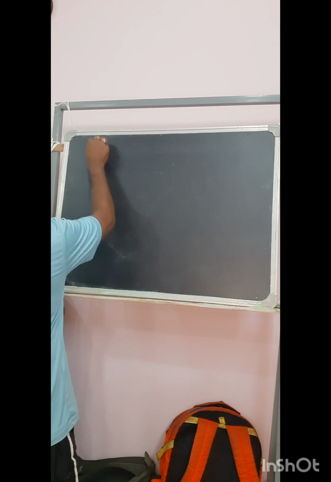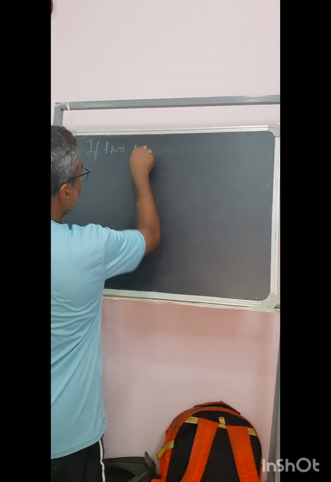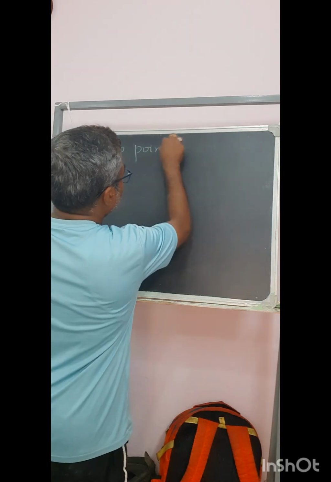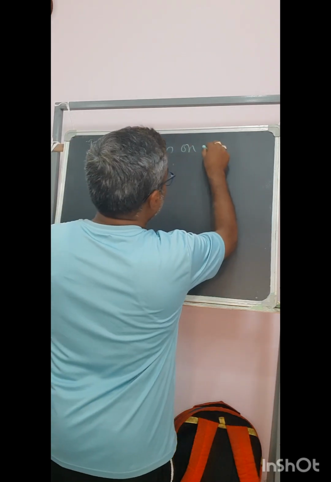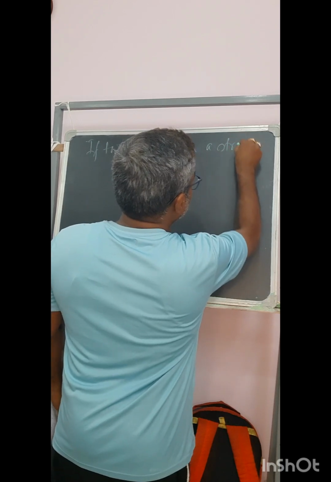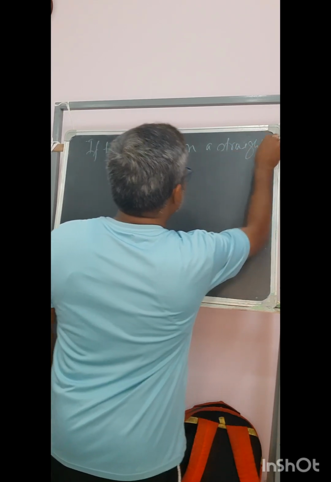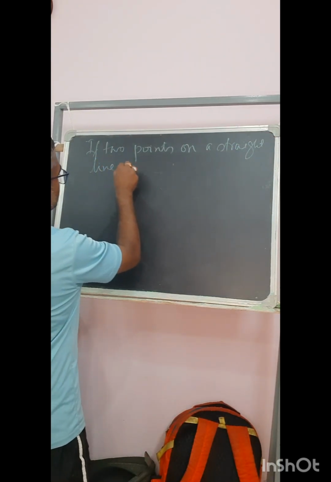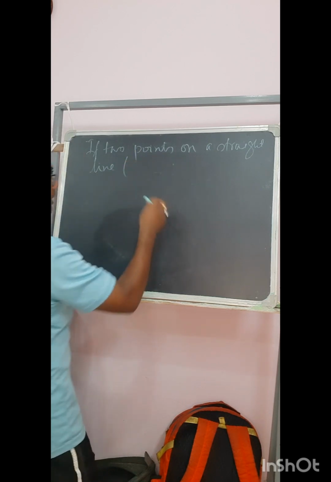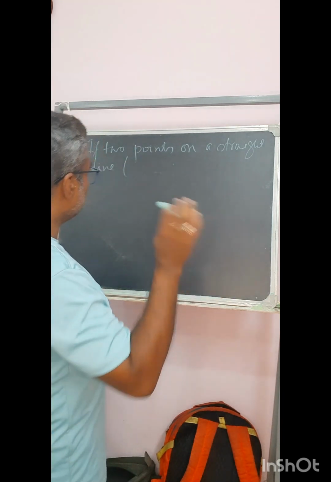So I will explain it in the form of two unknown variables x and y, and if 2 points are given on a straight line, and I am writing it as this because this could be anything.